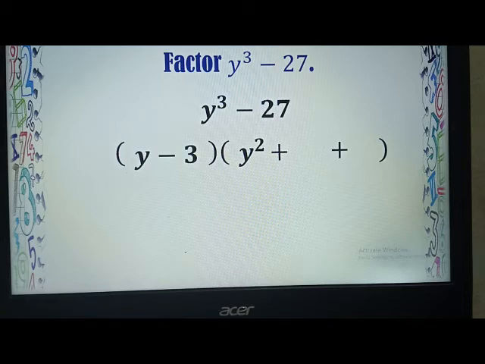The last term is taken by squaring the second term of the binomial factor, which is 3. So we have 3 squared, and that is 9. For the middle term, that is taken by multiplying the first and second term of the binomial factor. So we have y times 3, that is 3y. So the factor of y cubed minus 27 is y minus 3 times y squared plus 3y plus 9.